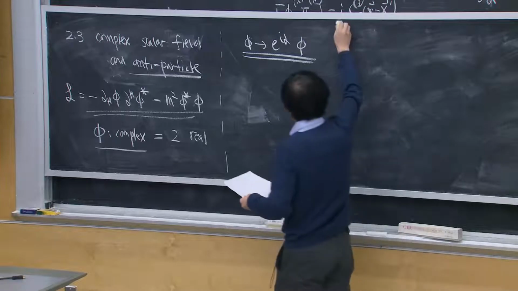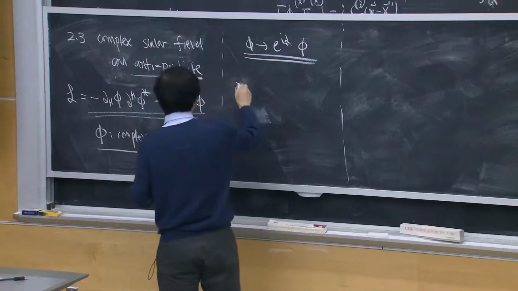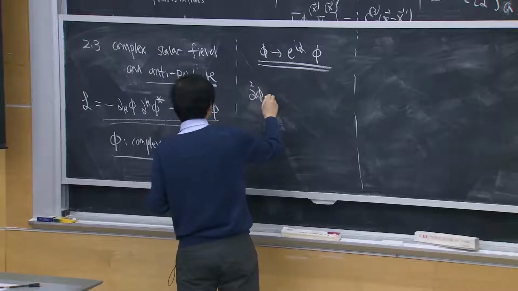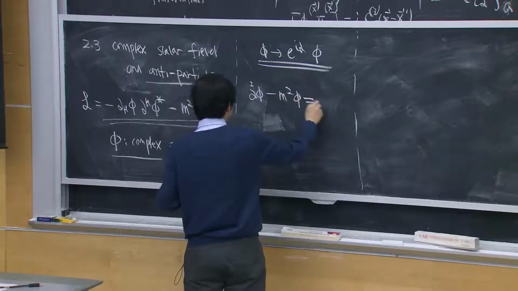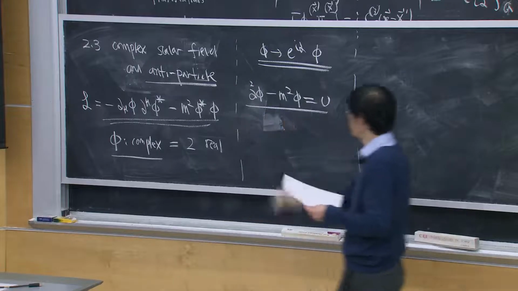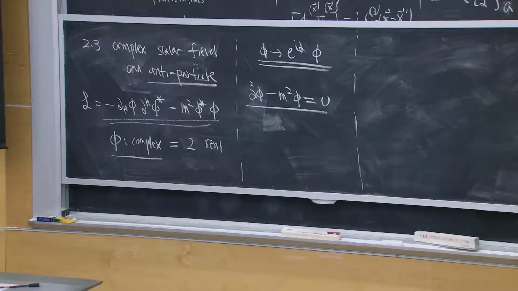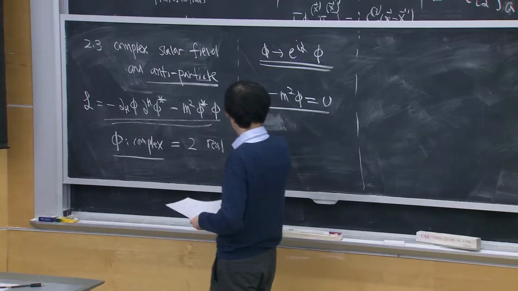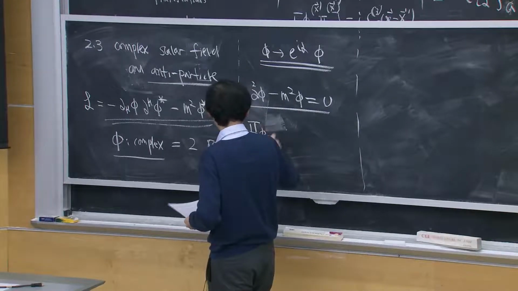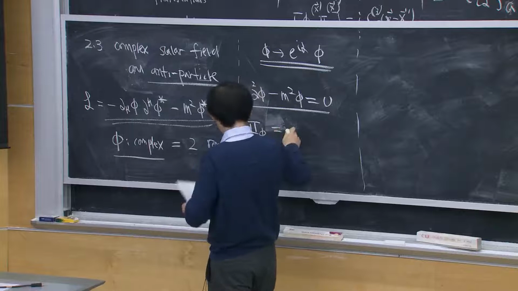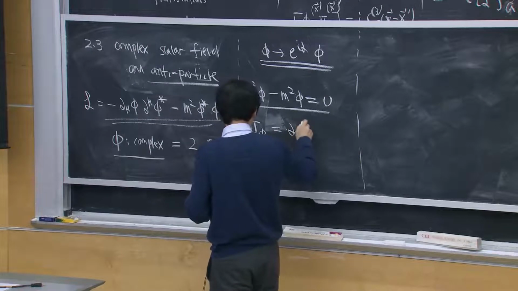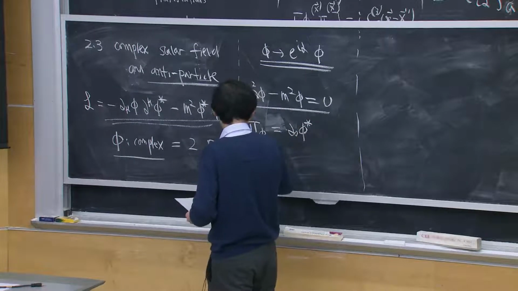Good. And the equation of motion is the same, you can easily find, because it's just two copies of your previous theory. Of course the equation of motion should be the same. And for the momentum density for phi, it becomes partial 0 phi star, and the one for phi star becomes partial 0 phi.